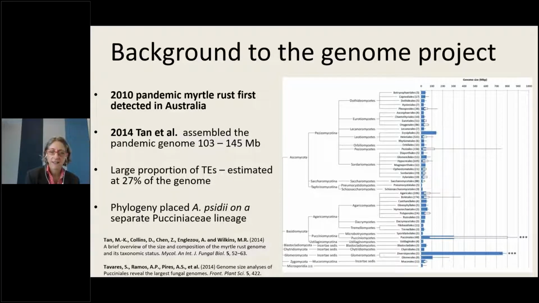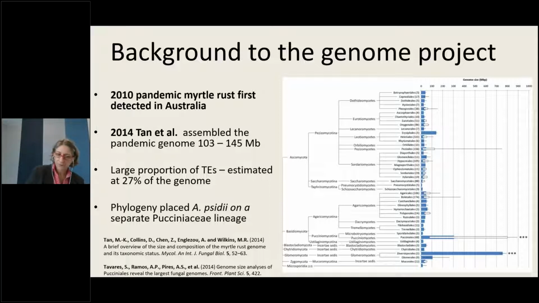Mu Keng Tan and her team assembled the genome for the pandemic strain, with DNA from the Plant Breeding Institute from Robert Park, who had already determined that across the variety of rust detected in Australia, we only had the pandemic strain. They assembled the genome, and it came out at 103 to 145 megabase pairs, using what was state-of-the-art sequencing at the time, short-read sequence data.